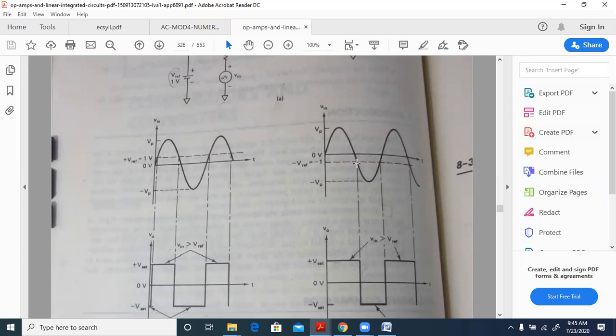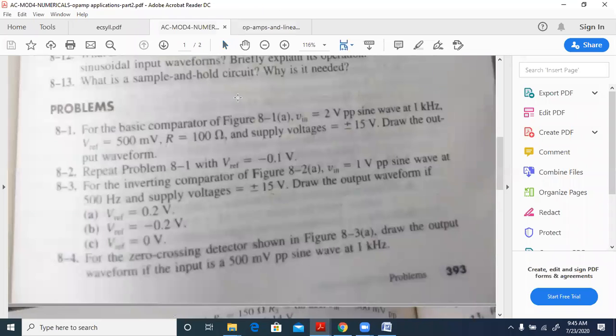For the rest of the portion from here to here, it will be low. Again from here till here, it will be high. For the rest of the portion, again from here till maybe here, it will be low. So you need to write for this also in the same way.